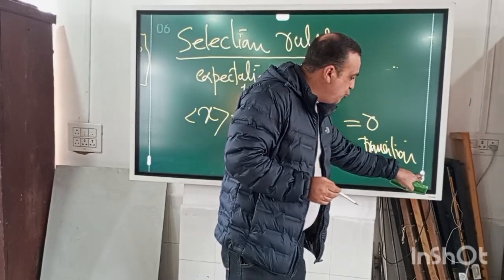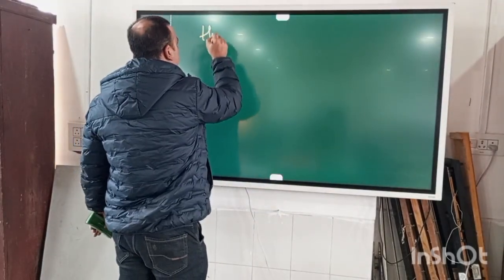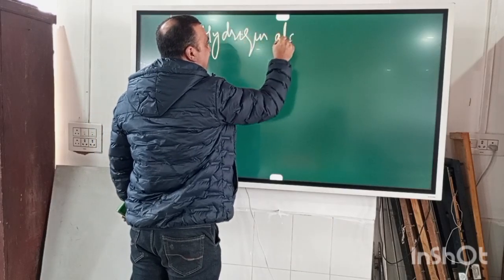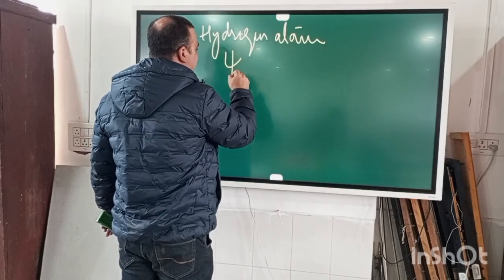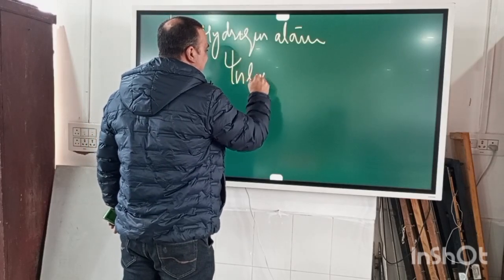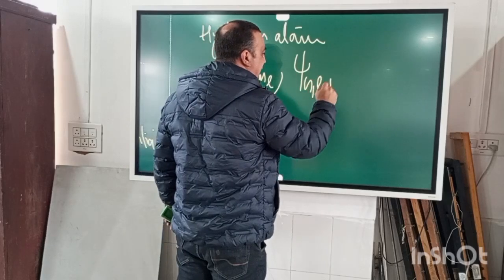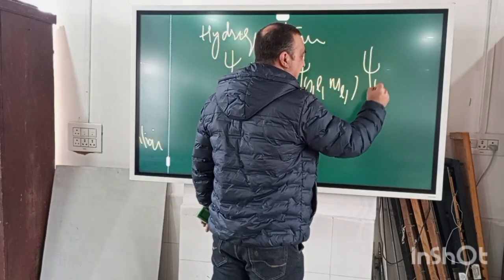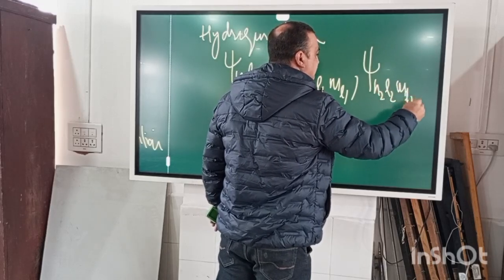So if I choose the expectation value in the case of the hydrogen atom, for that I have a wave function psi n l m l, and I can choose a state psi n1 l1 m l1, and a state vector psi n2 l2 m l2.